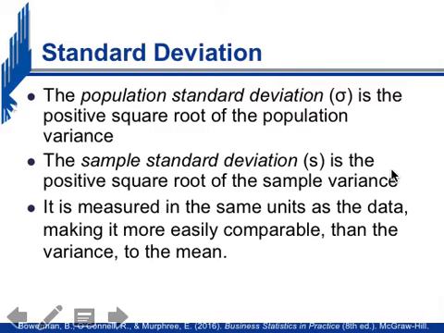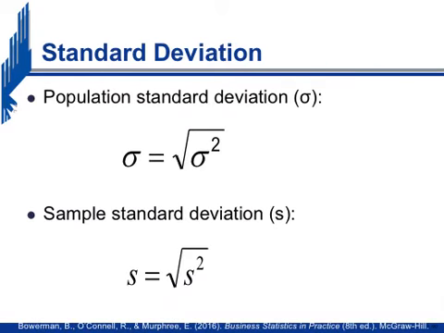So we get the square root to compute for the standard deviation so that we have a measure of variation that is written in terms of the same units as the data set. So it's no longer unit squared, but it uses the same unit as the data set. So again, these are the formulas for the standard deviations.